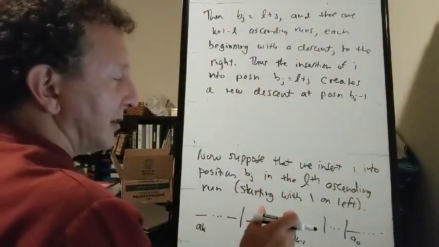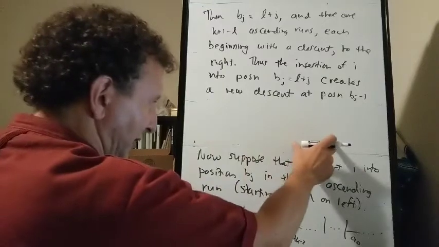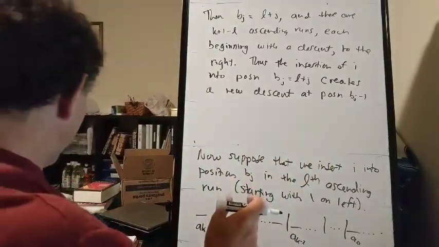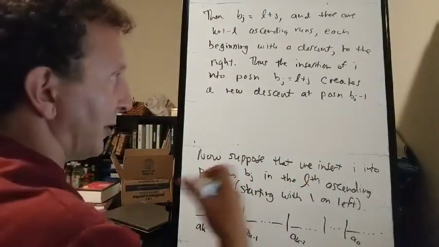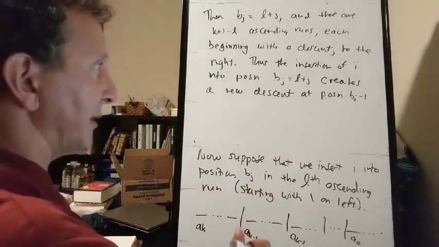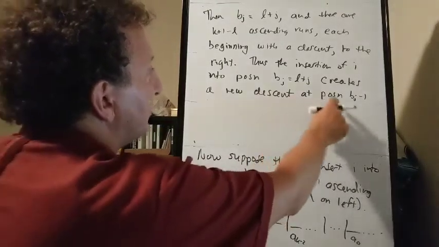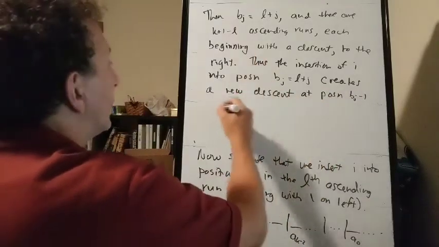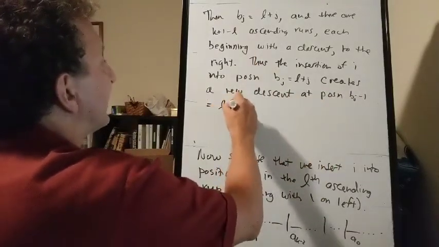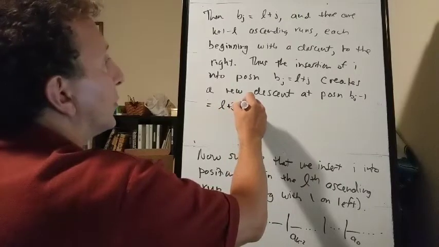Now we already know how to increase the major index by 0 through k, which I just erased. So we're hoping to increase the major index by k plus 1 through n minus I, all of the bigger increases. So we've got a new descent at position bj minus 1, which is L plus j minus 1.